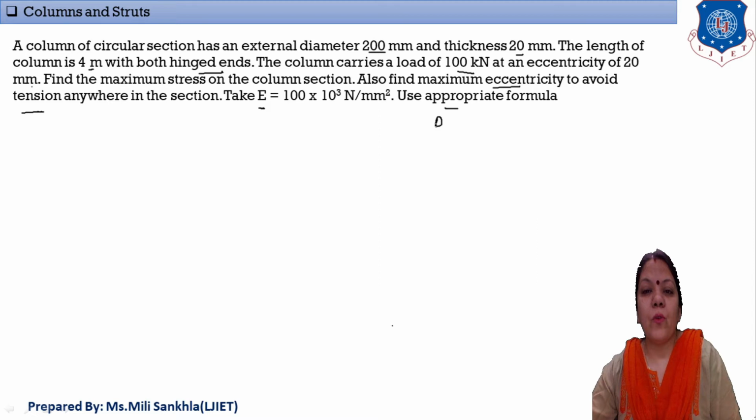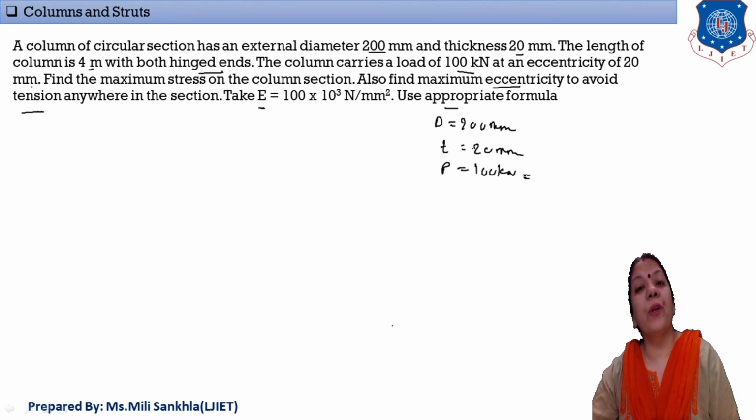D is equal to 200 mm. Write down the external diameter, which is 200 mm. Then thickness t is given as 20 mm, and load P is given as 100 kilonewton, so convert into Newton. That is 100 into 10³ Newton.